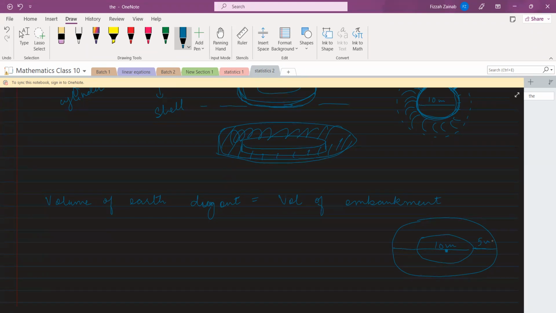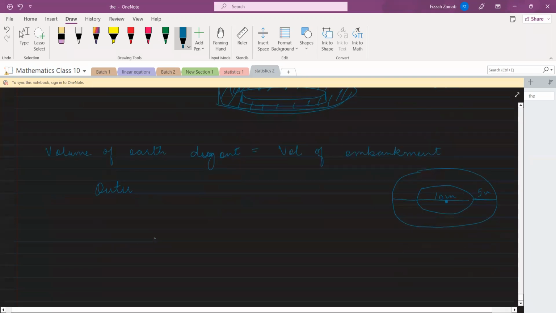So outer diameter is 20 and inner diameter is 10. Understood? The depth is 14 meter. Read in the question, dug 14 meter deep.